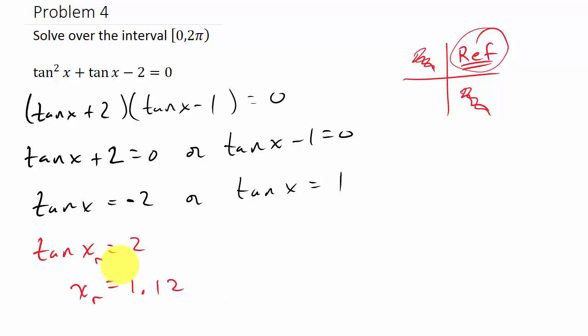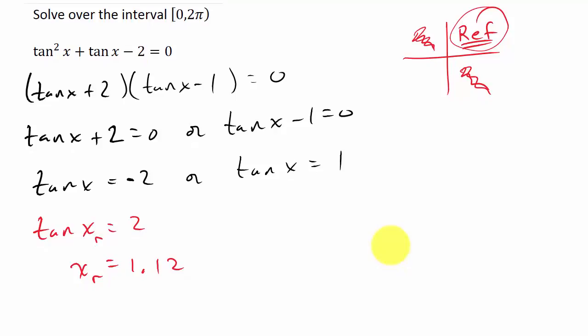If you're not getting this in your calculator, make sure your calculator is in radian mode. See this 1.12 radians? This is not degrees, it's radians. That's the angle right here in the first quadrant. So I'm going to use this reference angle to find my second and fourth quadrant angles.